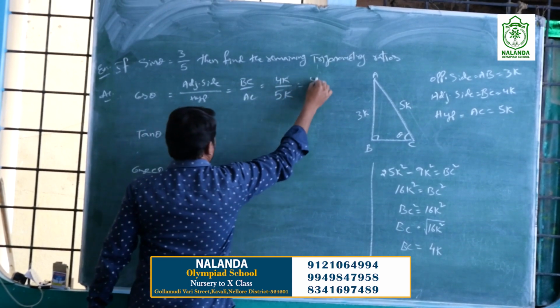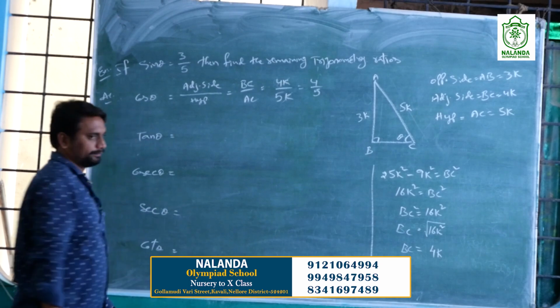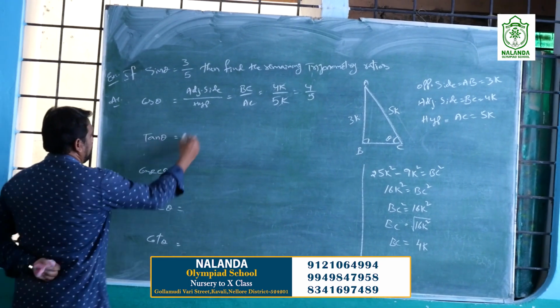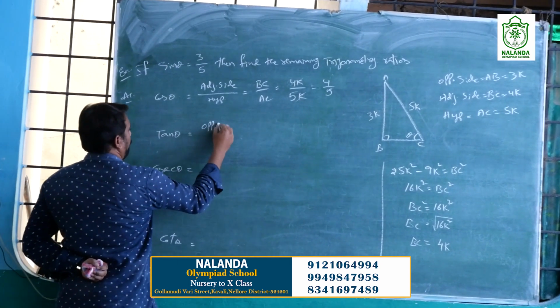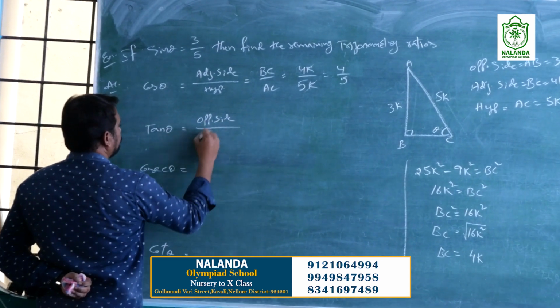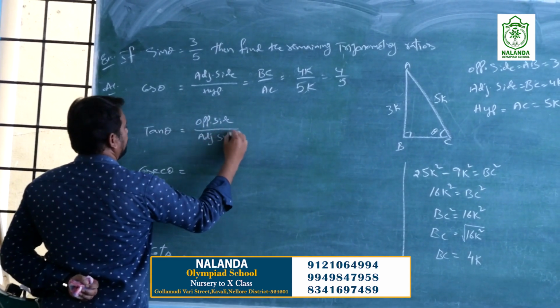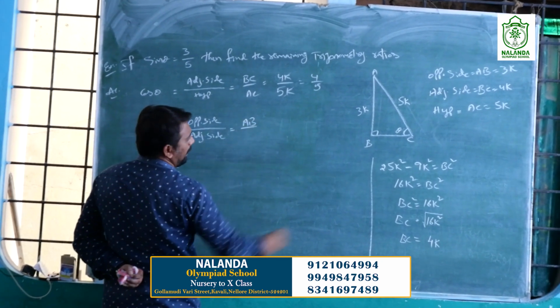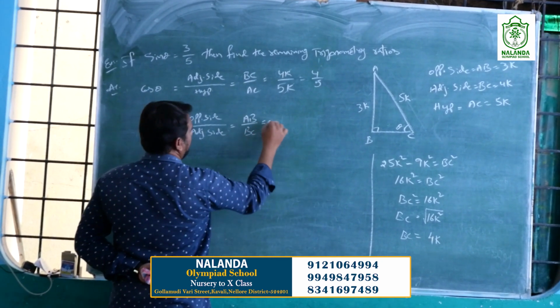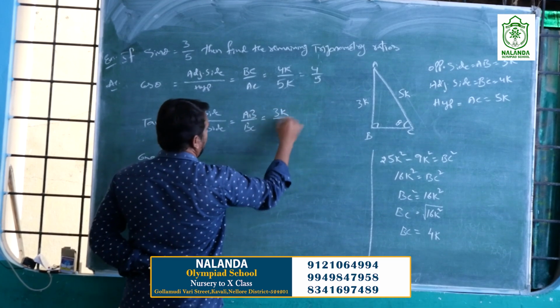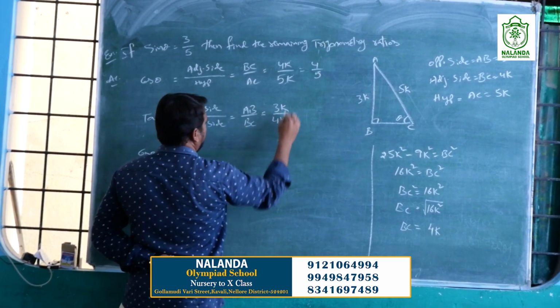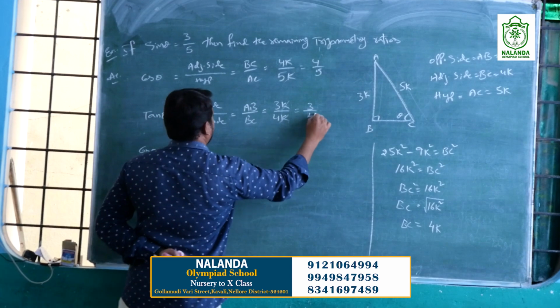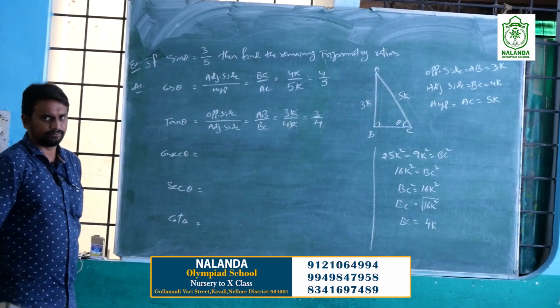K and K cancel, then we get 4 by 5. Then tan theta is opposite side by adjacent side. The opposite side is AB and the adjacent side is BC. AB is 3K and BC is 4K. K and K cancel, then we get 3 by 4.